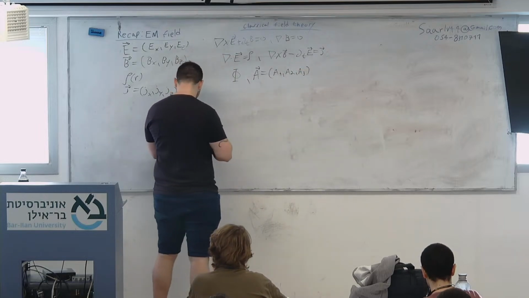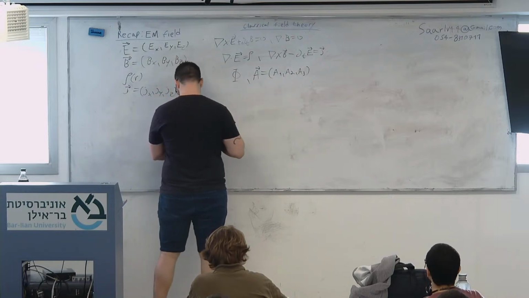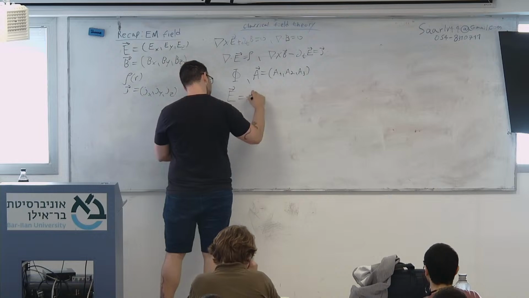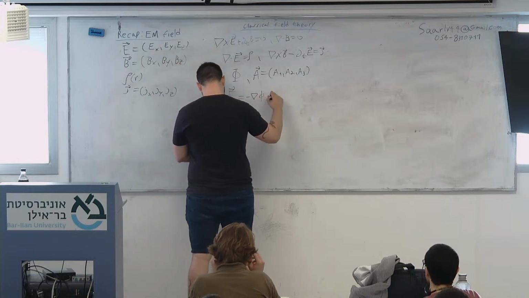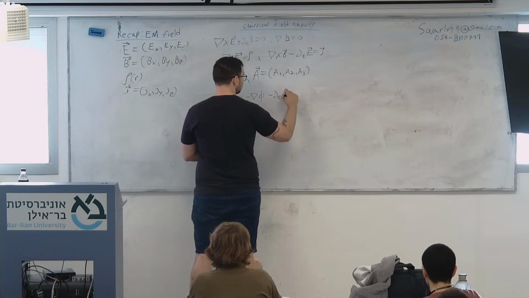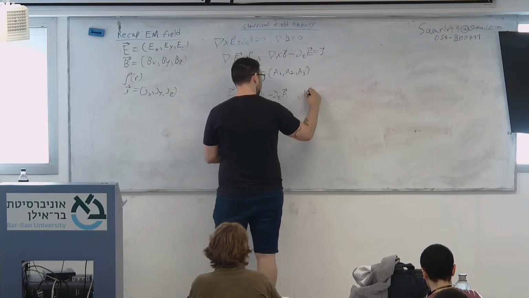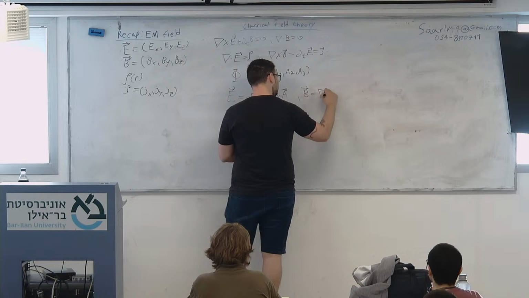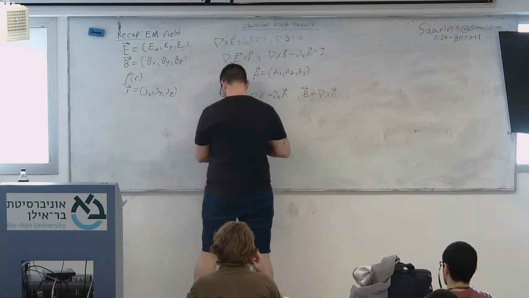Using these two potential terms, we can recreate our electric field as shown, and our magnetic field as the curl of the vector potential.